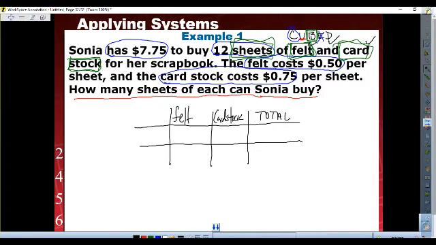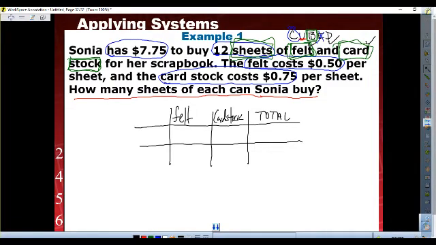If you notice, this problem's a little different from the ones we've done in the past. They're talking about items, but what else are they talking about? The unit rate, involving money.